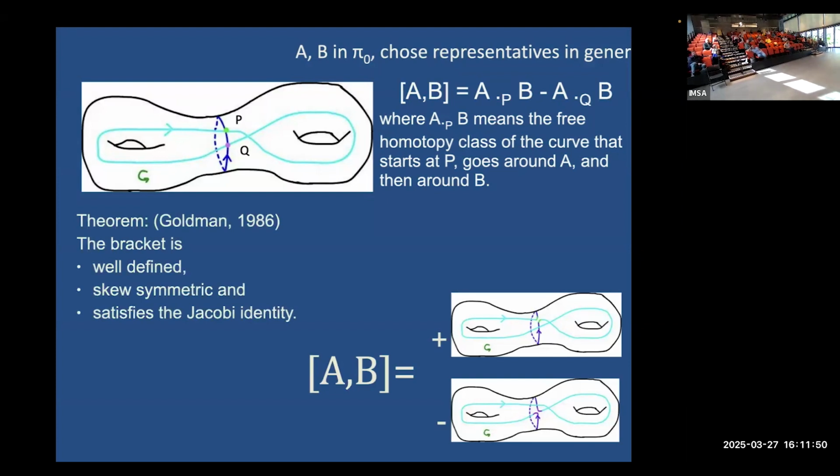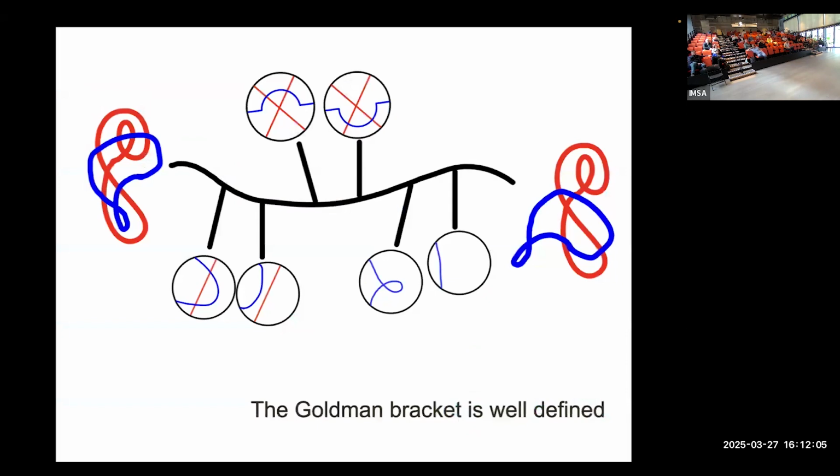So this is well defined. It's skew-symmetric on the nose because I put the sign looking at the order that these elements are in. And the interesting thing is it also satisfies the Jacobi identity. So this is the proof that it is well defined, and the idea is, well, you have two pairs of curves, the red and the red are homotopic, and the blue and the blue are homotopic, and you want to prove that the bracket is the same.